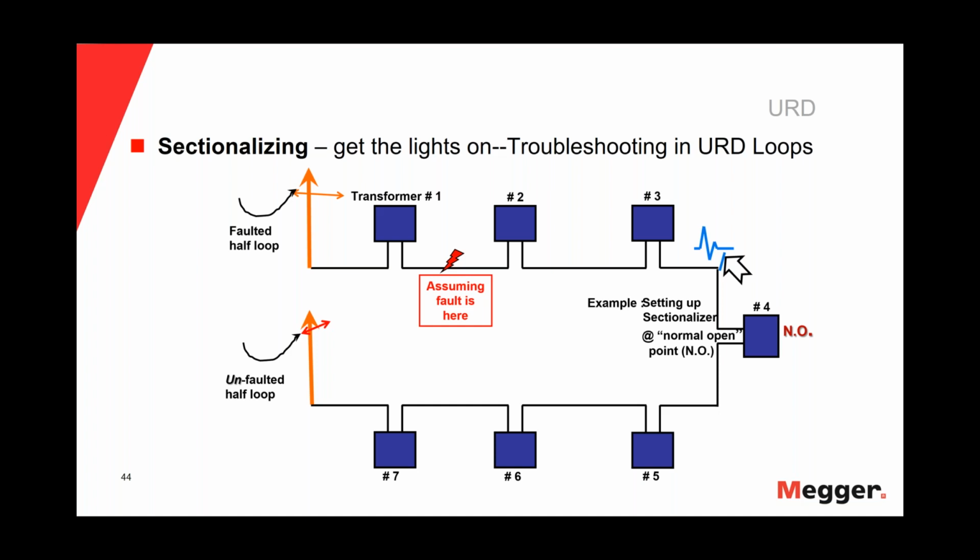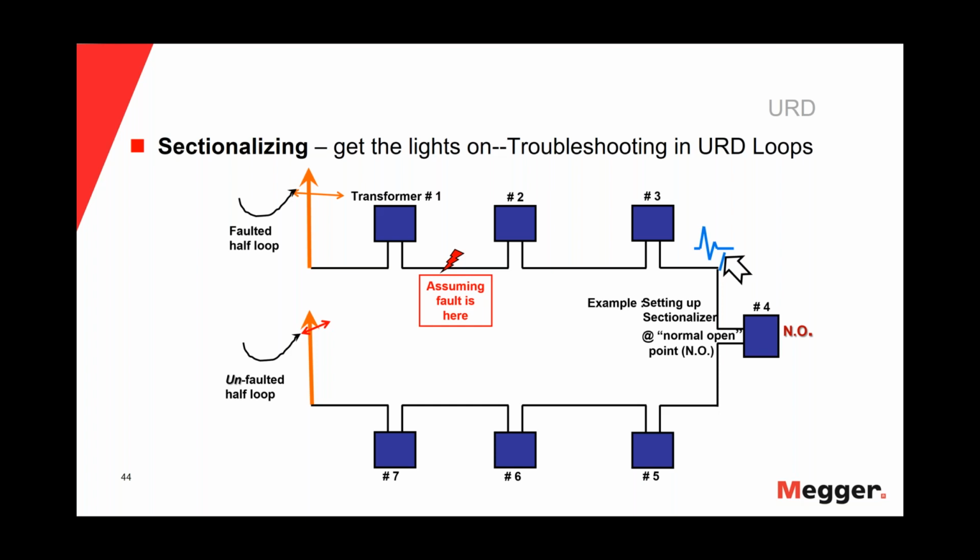One tool that's always available but not recommended would be to divide the circuit and close in with a fuse. And if the fuse holds, then the fault is past where you divided the circuit, and you just continue that process until you eventually isolate the fault. It's a very harsh way to go; customers don't like it, you're blinking their lights. The system doesn't like it because you're pulling fault current.